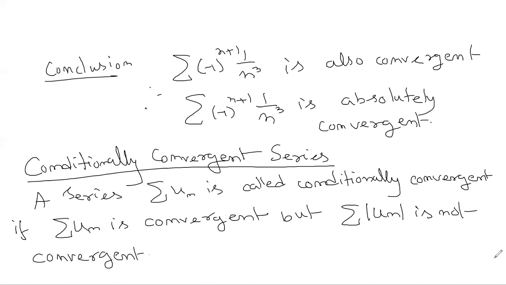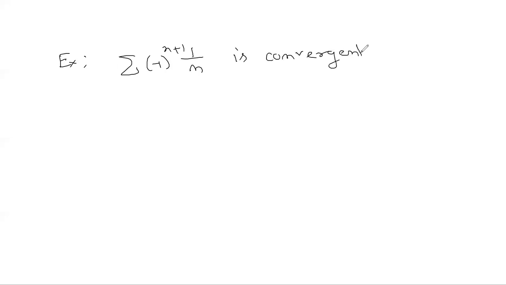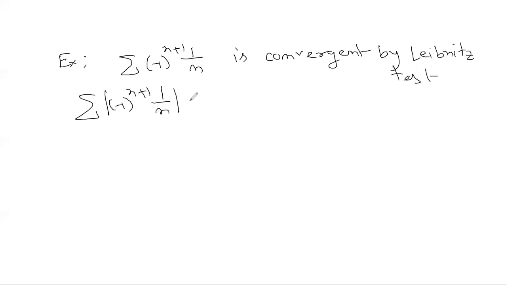Let us consider some examples. Just now we considered minus 1 power n plus 1 by n. By the Leibniz test we have already seen this is convergent. Now let us check its corresponding series of positive real numbers.